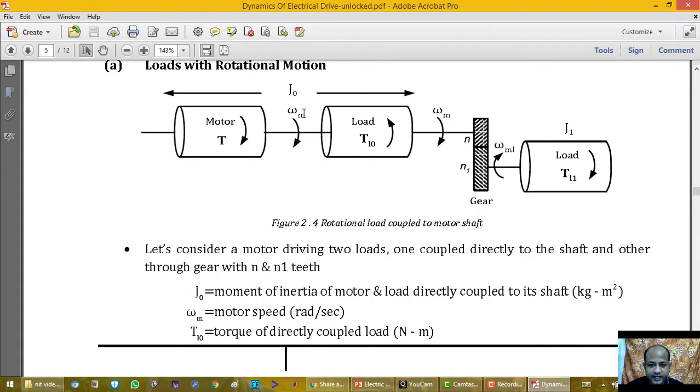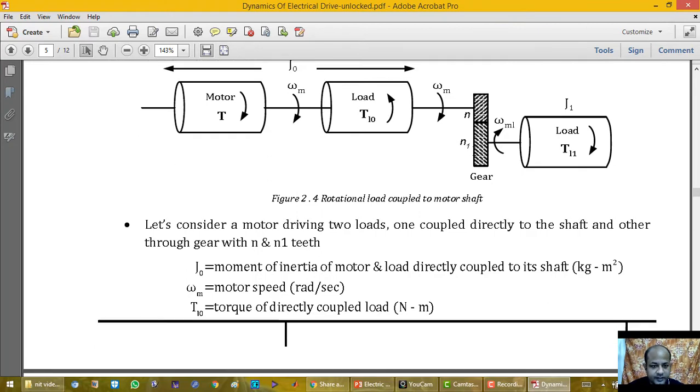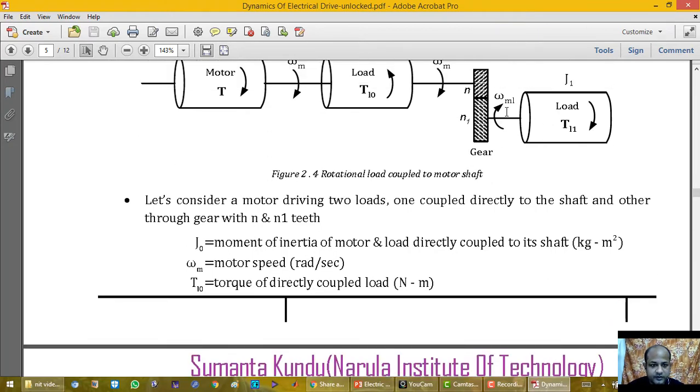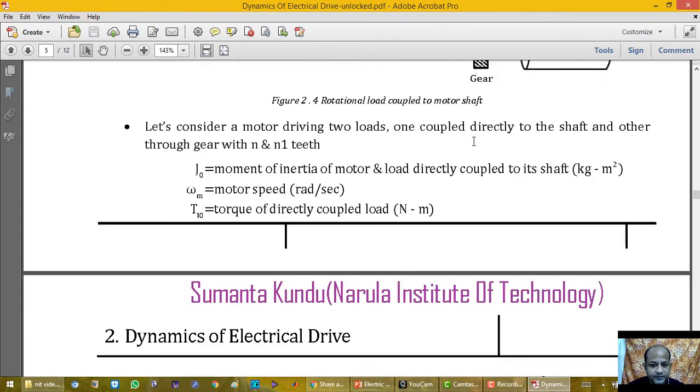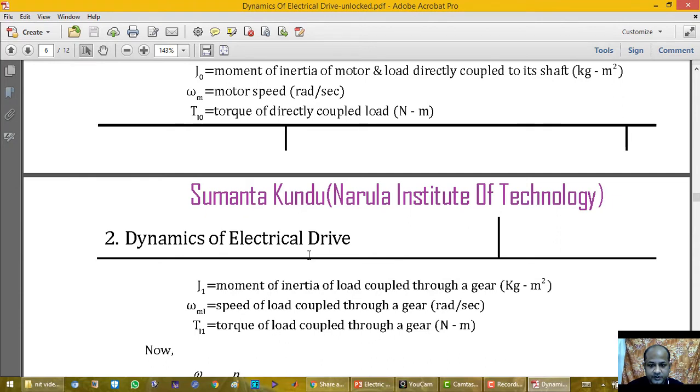Omega m is the speed of the motor in rad per second. This TL0 is the torque of the directly coupled load. So this load is directly coupled and this load is connected through gear. Similarly, these are the parameters of the load which is connected through gear. J1 is the moment of inertia of the load coupled through gear.